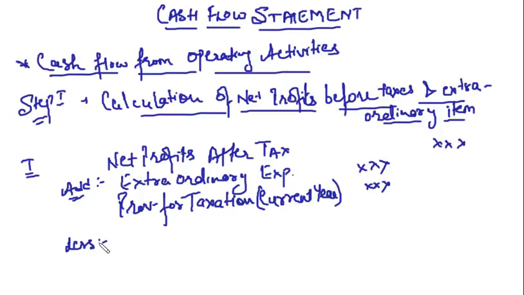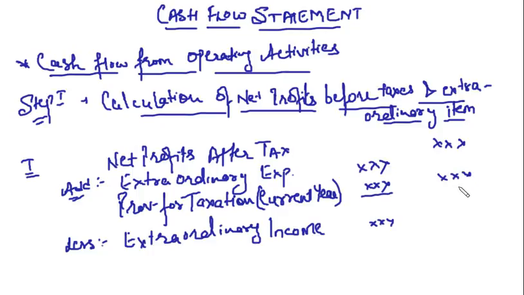That is not our profit from operating activities. So I will subtract any extraordinary income. Why are we subtracting this extraordinary income? Because this income is not related to the routine operations of the business.